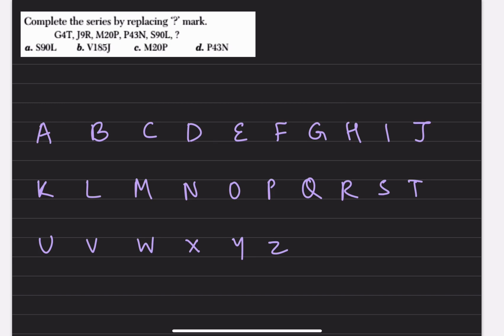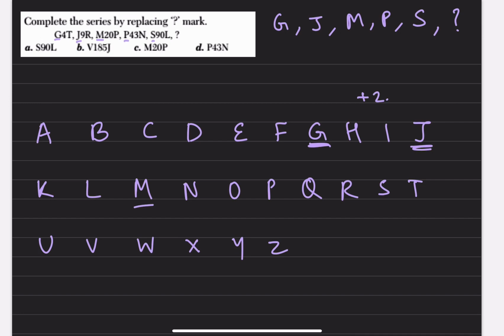For the first digits, or the first place, we'll write the pattern like this: G, J, M, P, S, and we are supposed to find the next one. You can see I have written the alphabet over here. If you can do it in your mind, that's well and good, but I usually jot it down and then go ahead with it. So first is G, then we have J. That means it's a +2 over here, but let's confirm it with other terms as well.